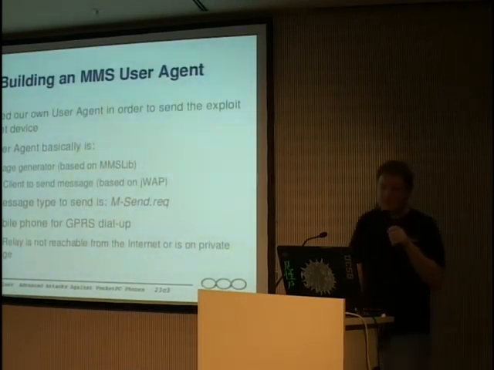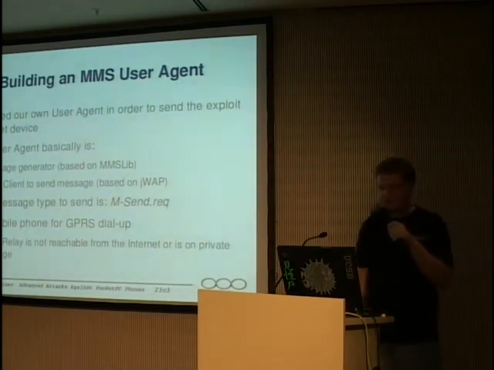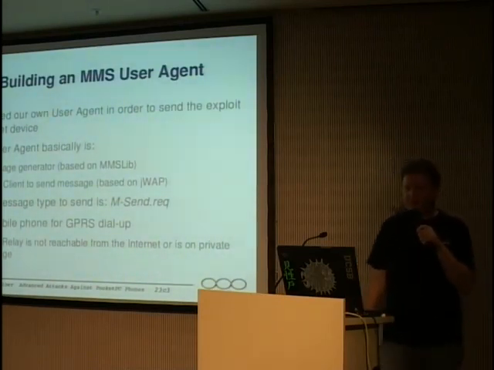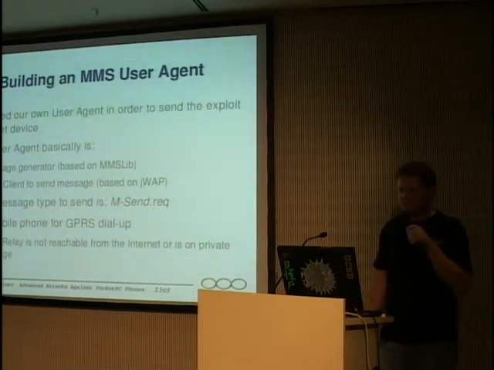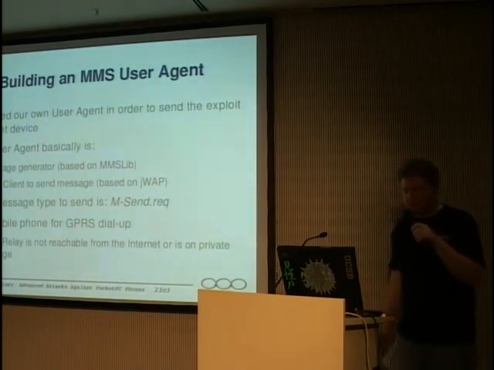Sorry for all you guys. If you want to try it, you have to install Java. I hate it, but I was really too lazy to do it in C if it was just 10 lines in Java. Then you just use your mobile phone and dial up your GPRS, get the MMS, and get all the values for the IPs and stuff for the MMS relay from the how-to section of your mobile phone provider.